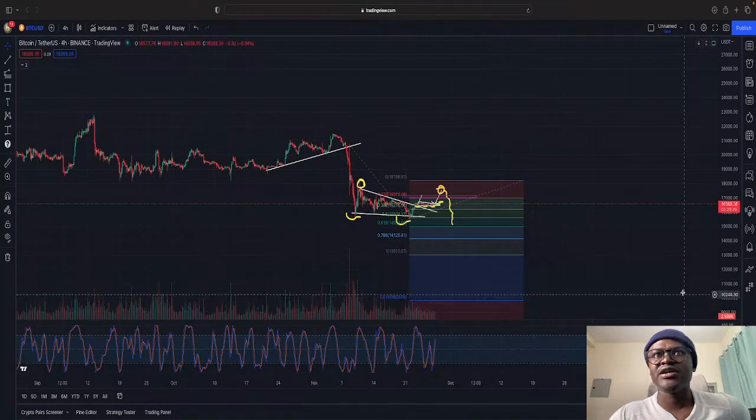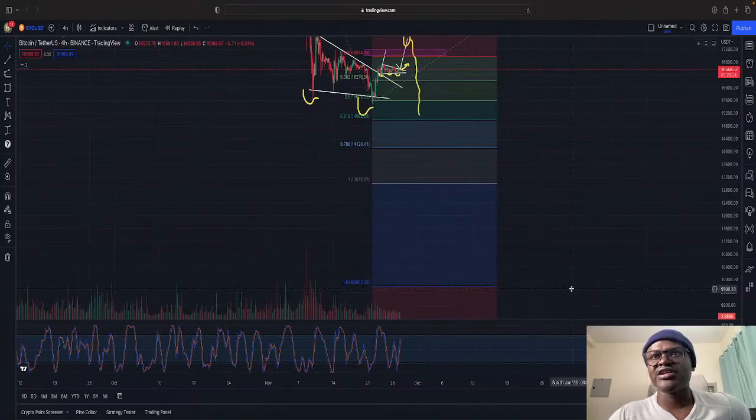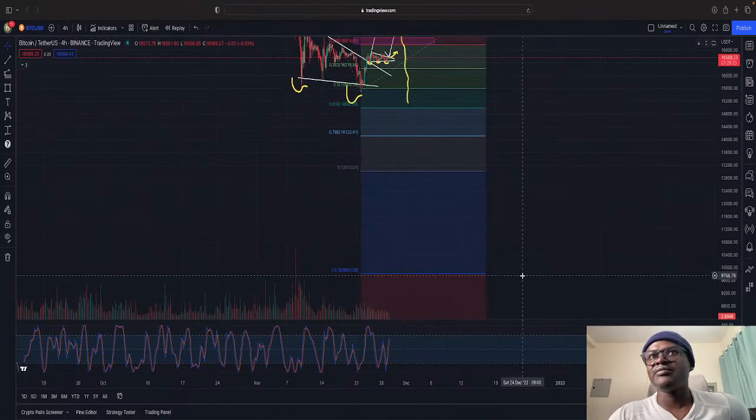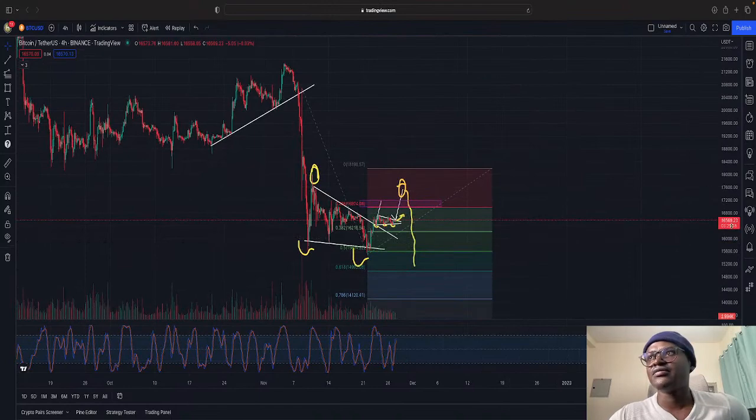Yeah, the 1.618 at 9,000. As I said before, this is like some kind of a unity place. So we think price will come down to 9K here.